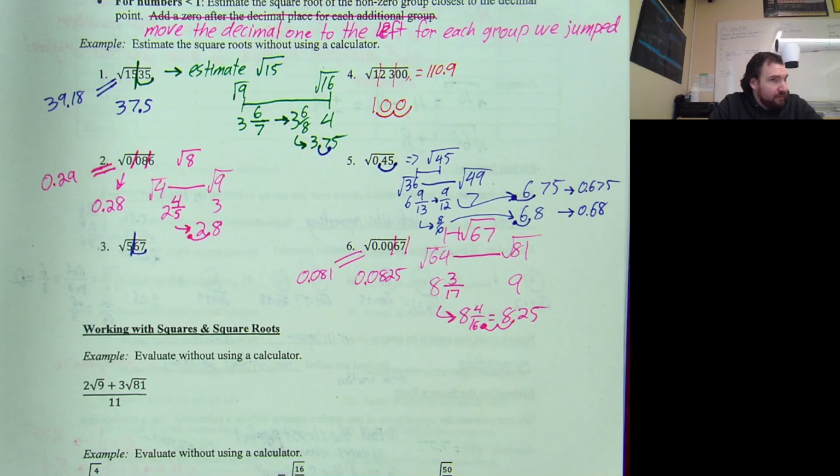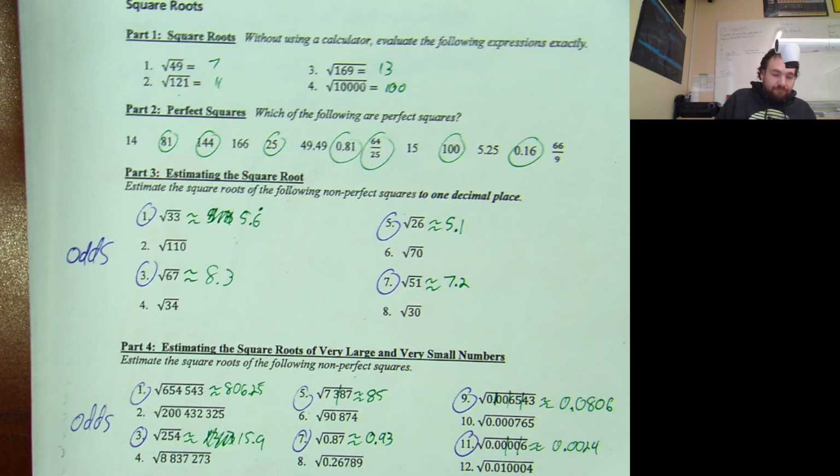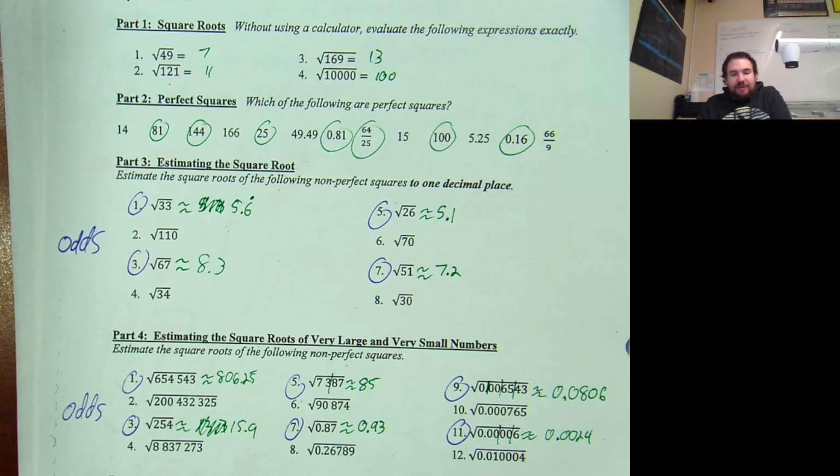Okay, then I'm going to go over the homework. I'll show you what I did for the questions I assigned. It was those ones, and I assigned them. So here's what we had. Again, your estimates don't need to be exactly what my estimates are, but they need to be close.